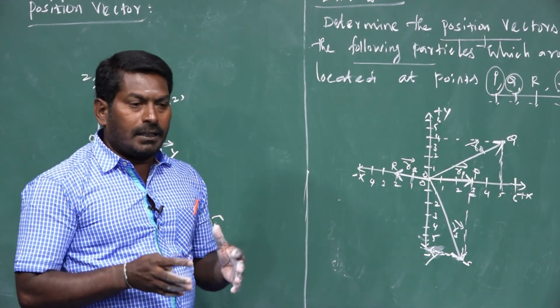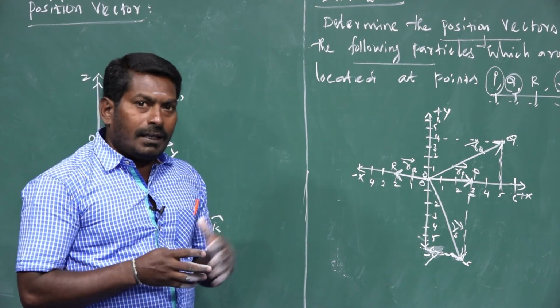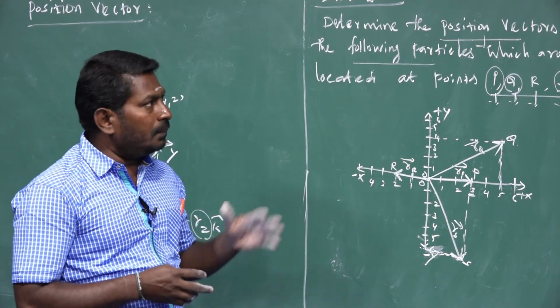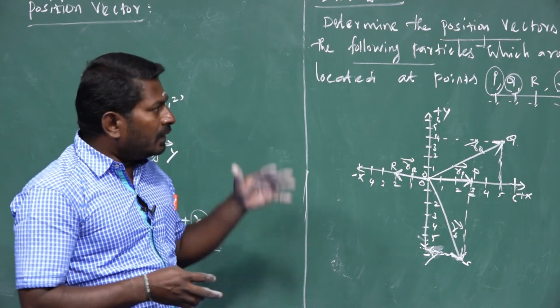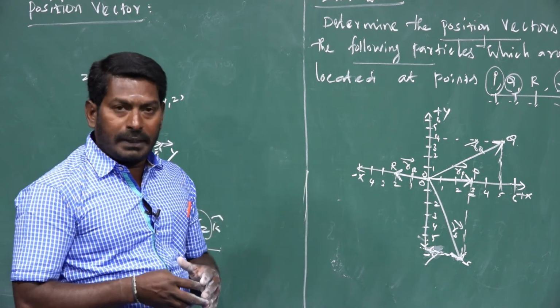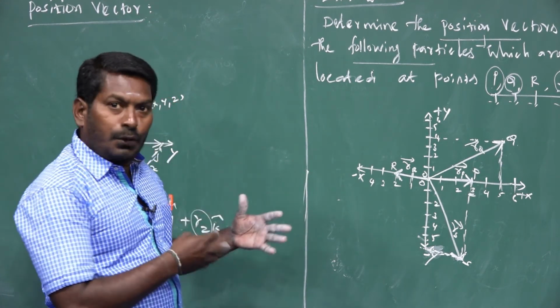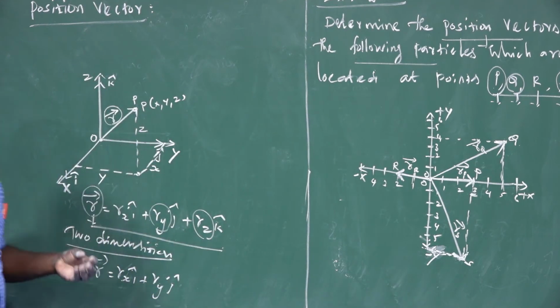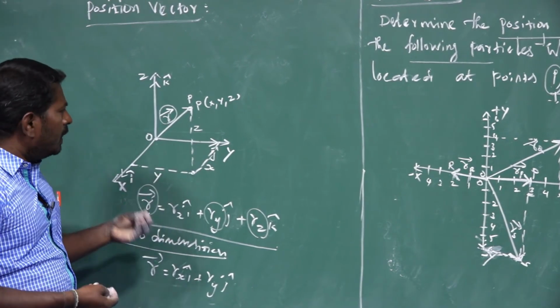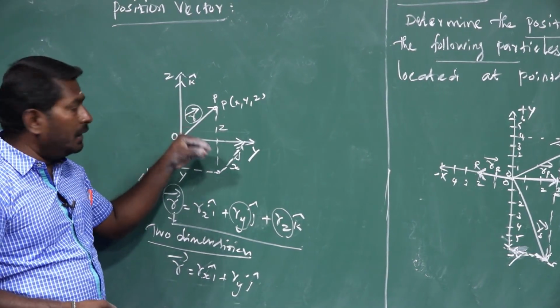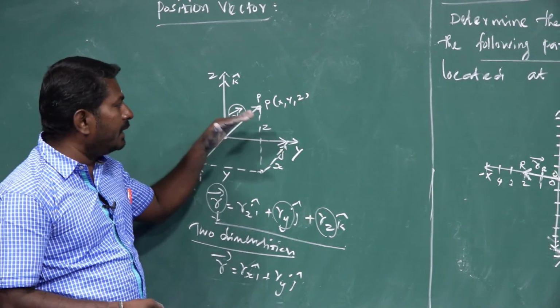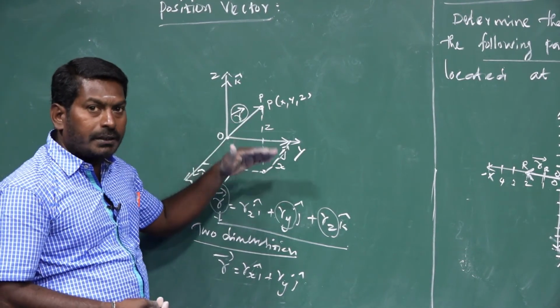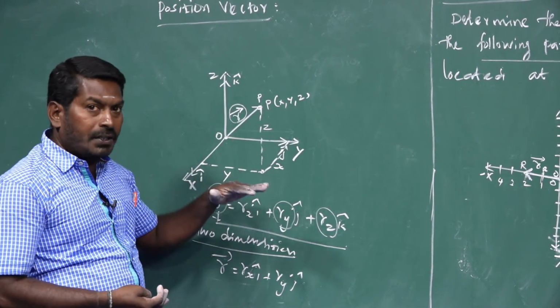If there are 2 vectors and both vectors are equal, then their components are equal. That is the property of components of vectors. On the basis of this property, we discussed a few problems. Next topic, position vector. Position vector is simply a vector, but it describes the position of a particle at any instant of time during its motion, either 2-dimensionally or 3-dimensionally.